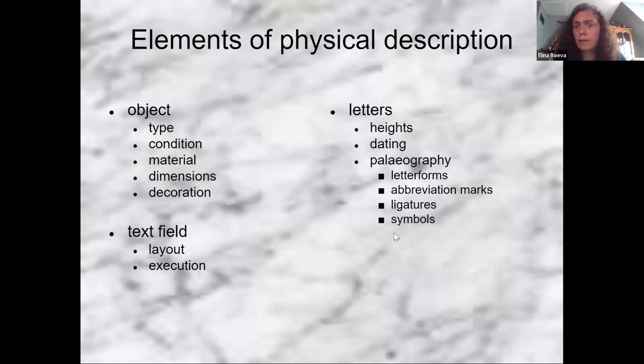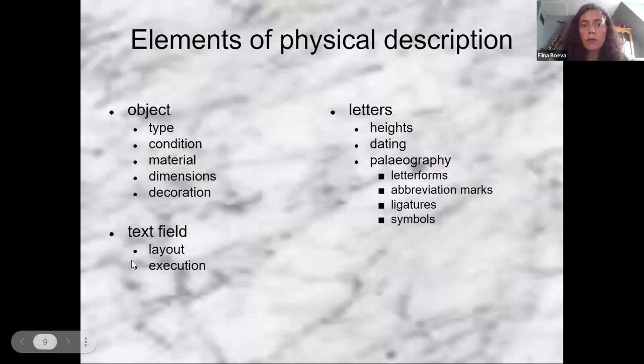And for the symbols, sometimes you cannot encode them, but you have to explain what is seen on the stone. You can put it here in the letter description, or leave it for the apparatus criticus. Again, different types of decision.